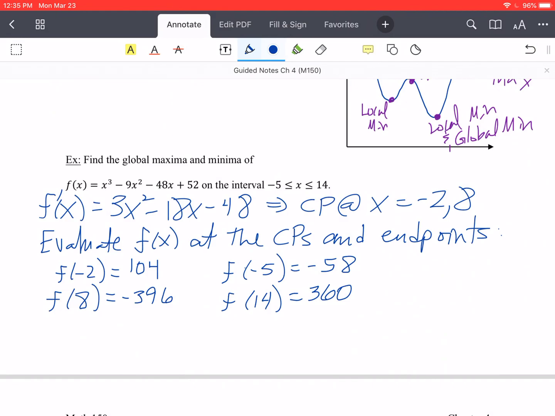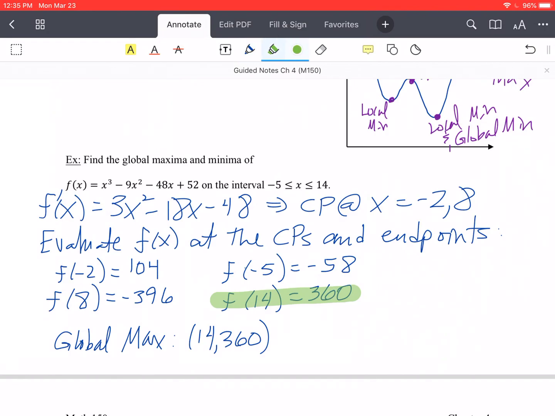So when we're looking at where the global max and global min are, the global max is just the highest output. That one has the highest output. So our global max is at the point 14, 360.